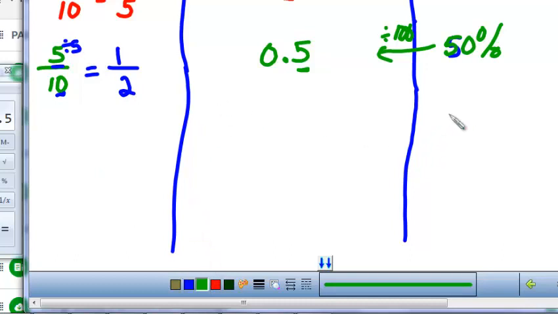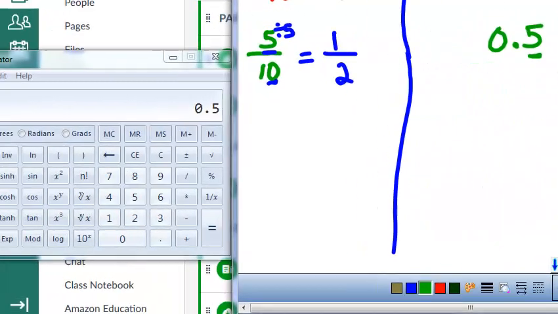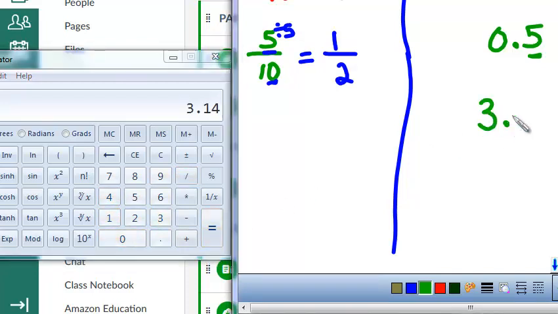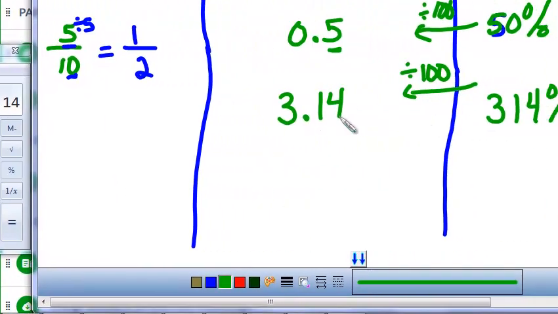What if we have a big percent, like 314%? We do the same thing, so we divide by 100. So 314 divided by 100 is 3.14. Maybe you're seeing a pattern.